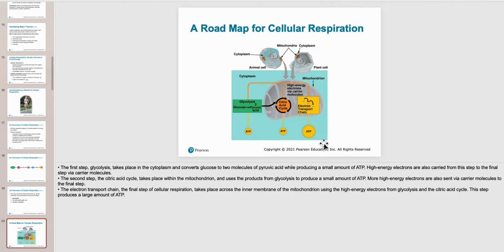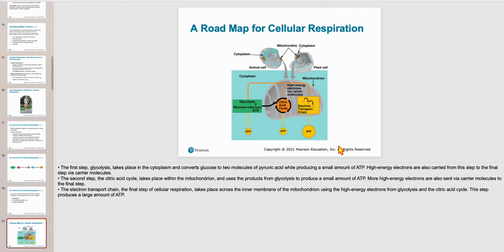So if you add up 32 plus 2 plus 2, that's 34, and then another 2, 36. And that's how you got that comment earlier about one glucose making about 36 ATP.